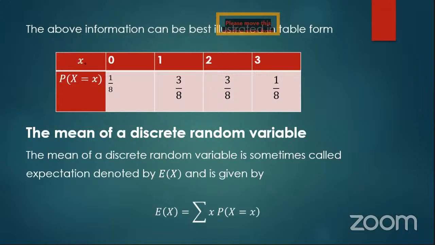We have X, which represents the number of heads. Then we have 0, 1, 2, and 3 heads. Then the probabilities: 1 over 8, 3 over 8, 3 over 8, and 1 over 8.